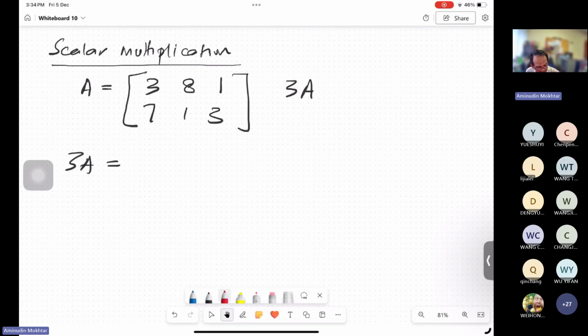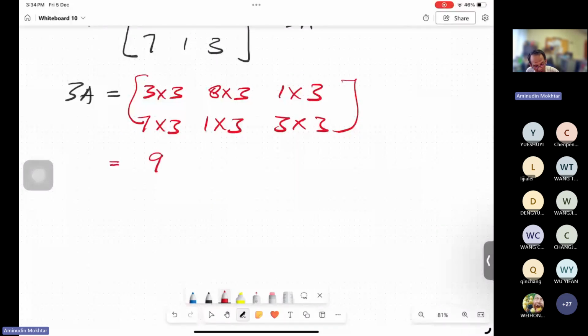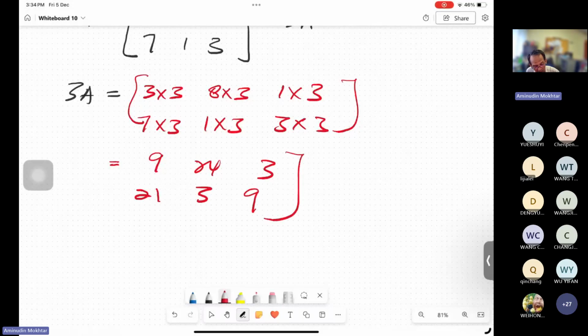So the first one is 3 times 3, 8 times 3, 1 times 3, 7 times 3, 1 times 3, and 3 times 3. That's a new matrix, the matrix 3A. So the answer is 9, 24, 3, 21, 3, and 9. That is the matrix 3A. We call this scalar multiplication. We multiply each element in the matrix by the scalar, K.